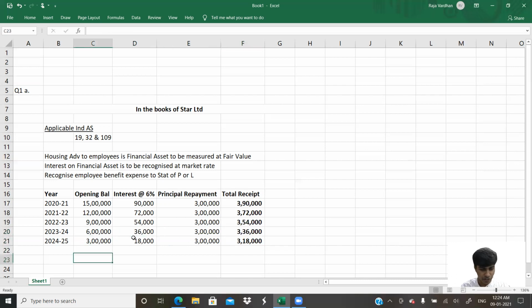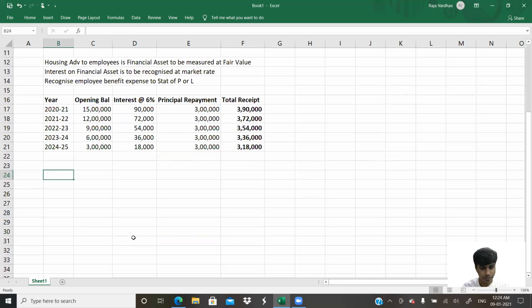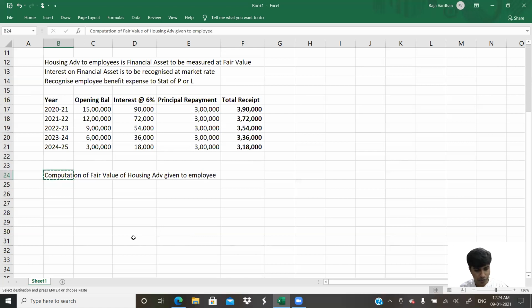Now, computation of fair value of financial asset. Computation of fair value of housing advance given to employees. So this is what I'm trying to find.